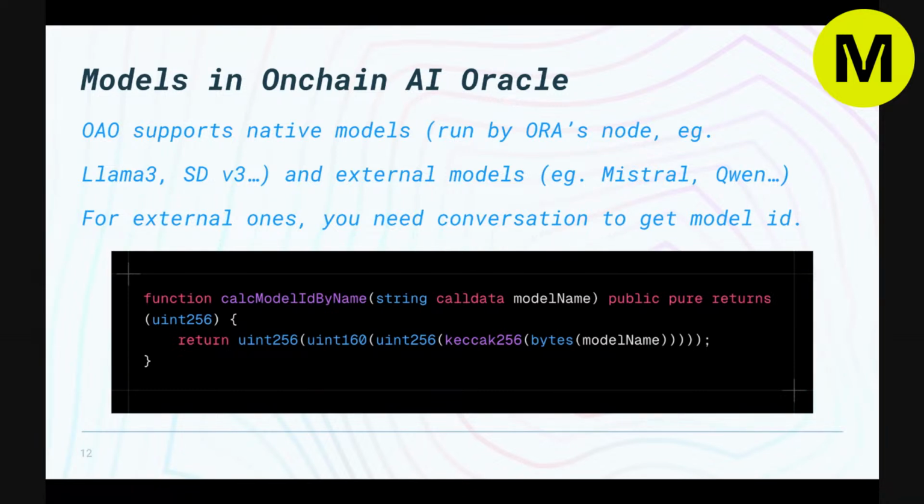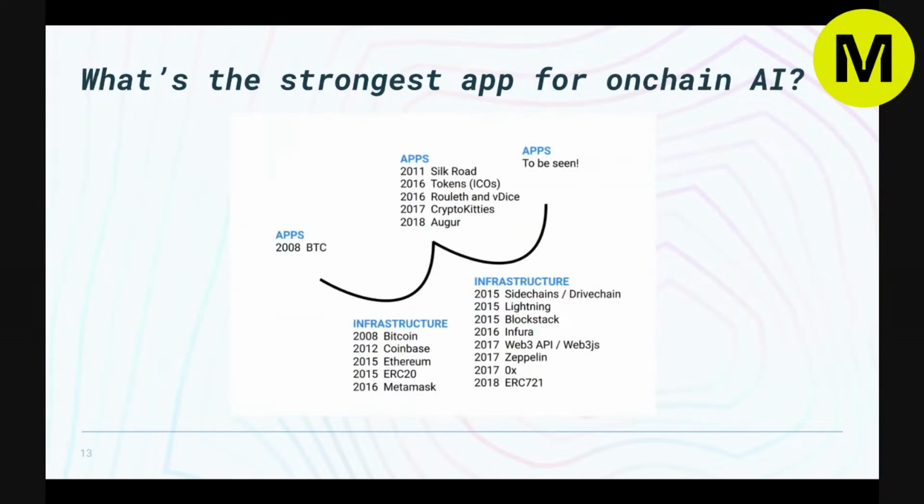Here's Solidity code to get the model ID, and you can also calculate it inside your JavaScript code, maybe in the front end or just a script. So this is also another tip. And these are the previous knowledge about how you can integrate with on-chain AI Oracle.